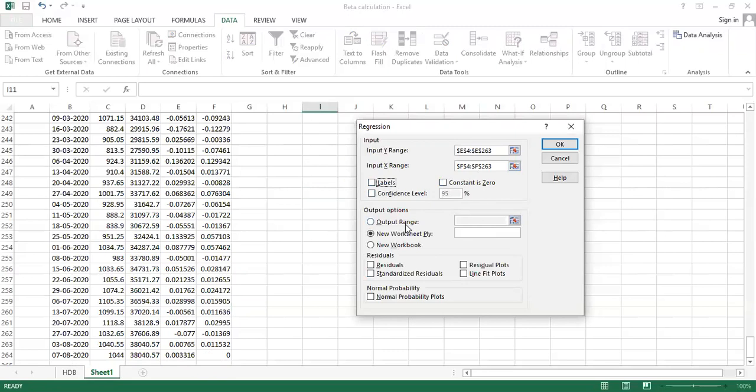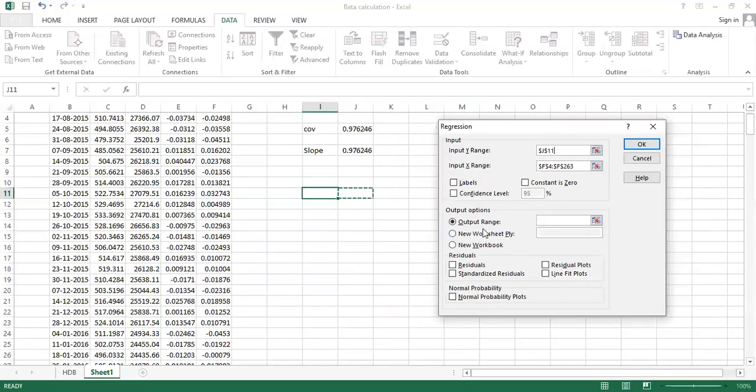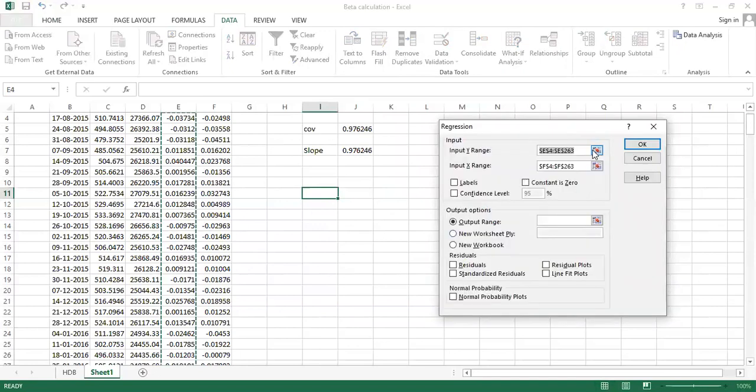We can give an output range. So what we'll have to do is give an output range and select where we want our output. So I'll click here, I'll press OK.